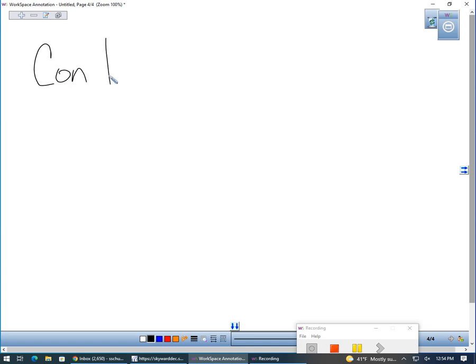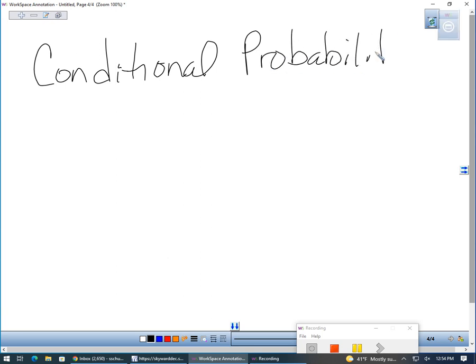Conditional probability is usually written like this. The probability of B if A is happening, right?